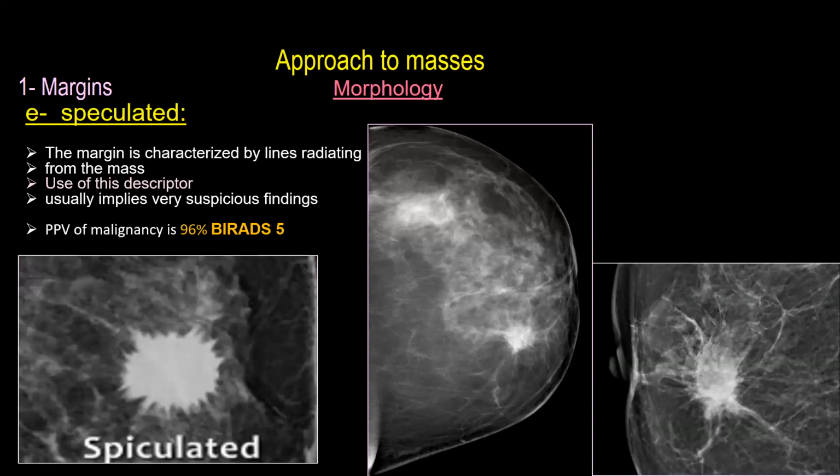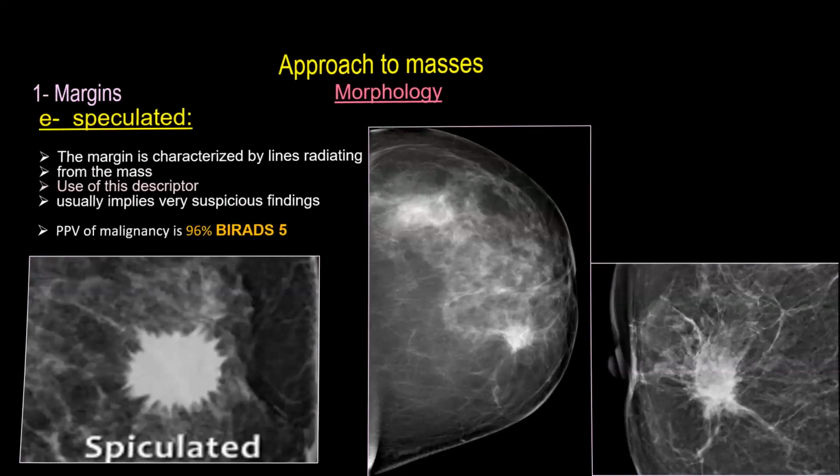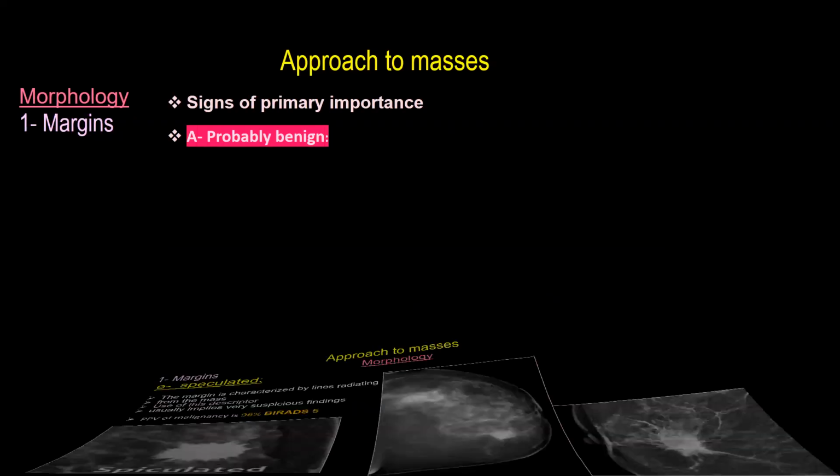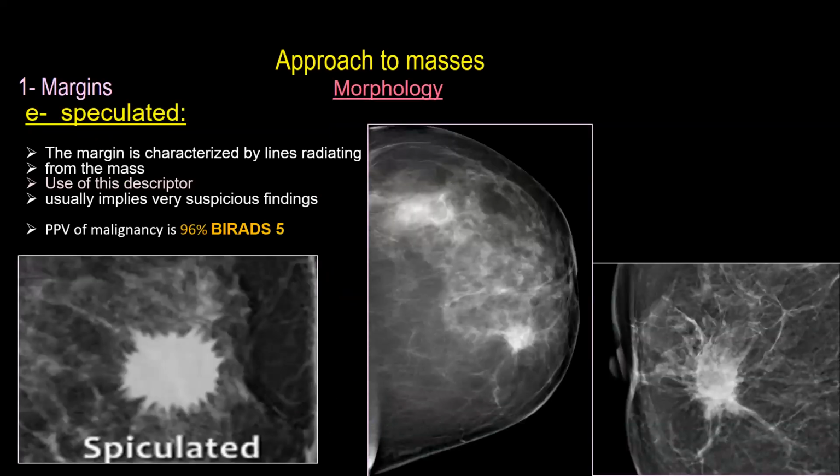Some are saying the positive predictive value in most studies is 89, because they mentioned that there is no single descriptor reached by BIRAD 5. Okay, and they consider it as 89.